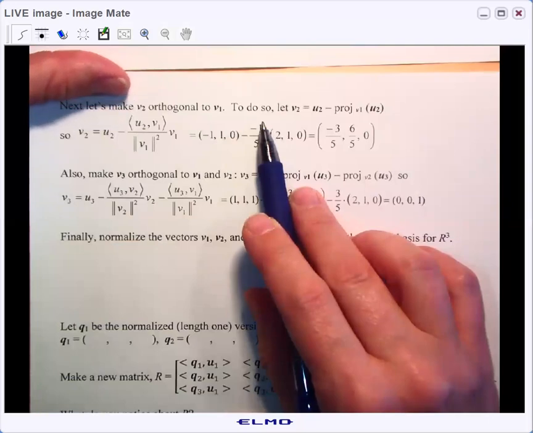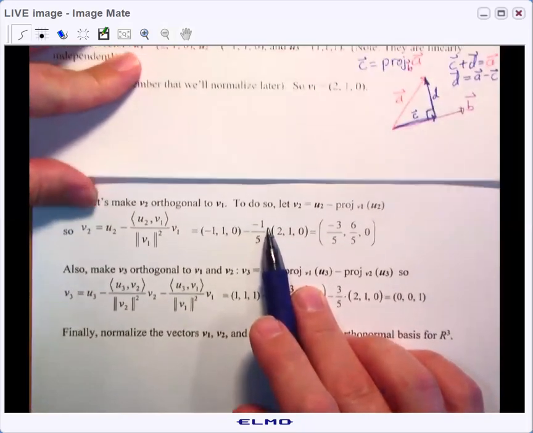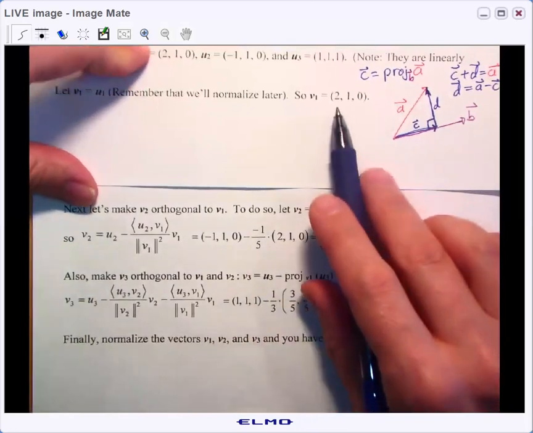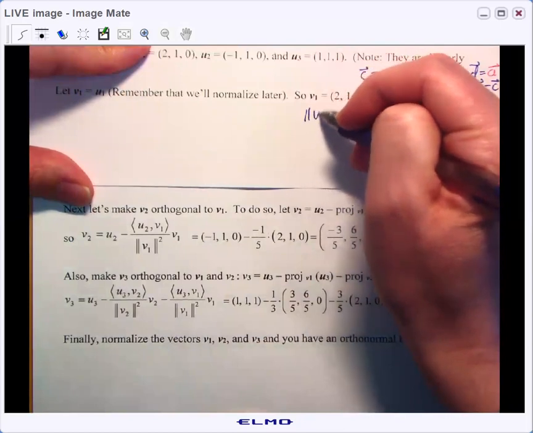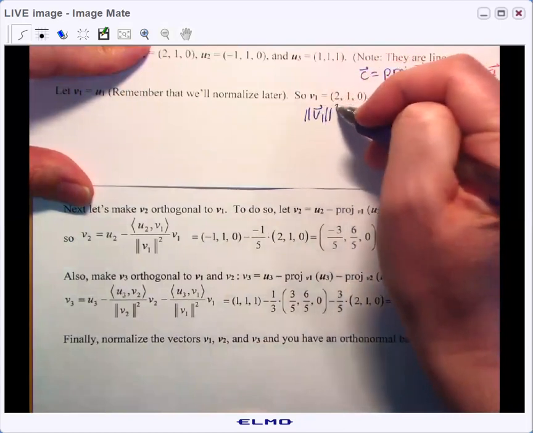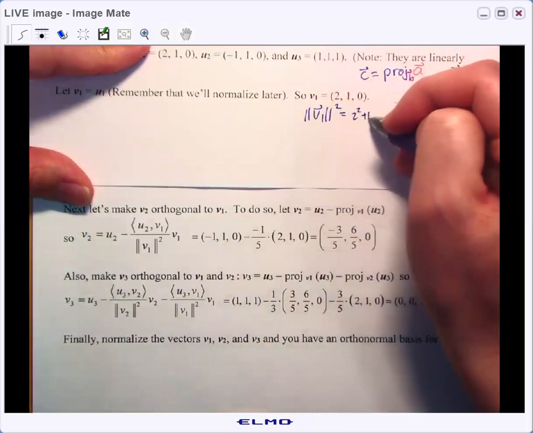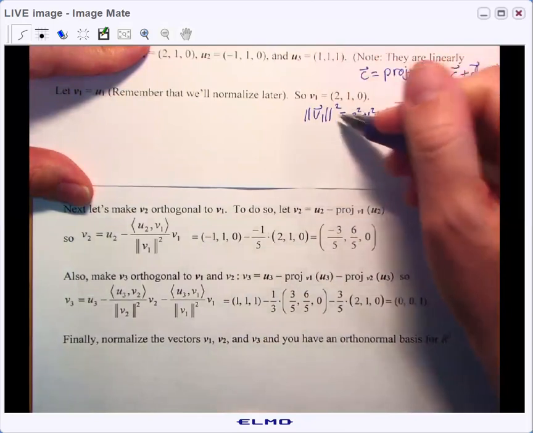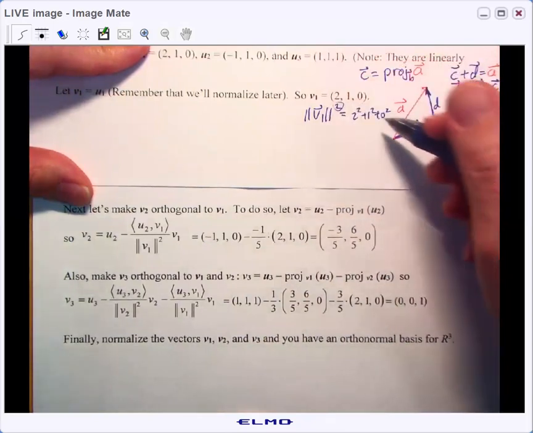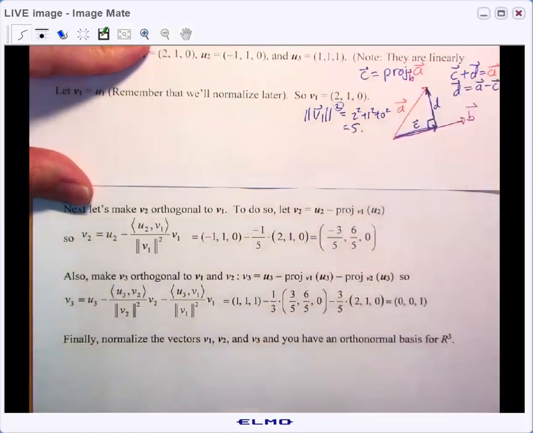The V1 vector, if we remember from a minute ago, was 2, 1, 0. So the magnitude of V1 squared is 2 squared plus 1 squared plus 0 squared. Technically we need the square root, but since we've squared the magnitude, the square undoes that, and we'll just get 5.